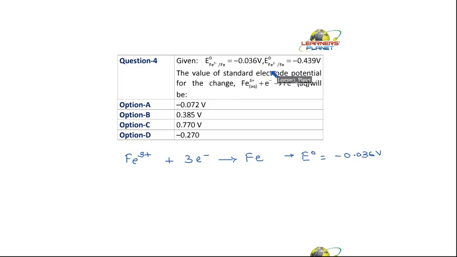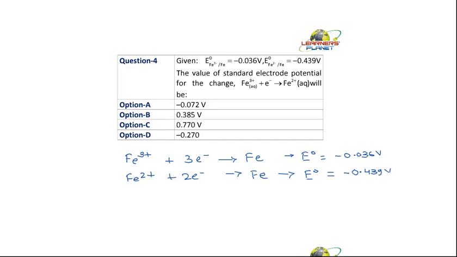Now E naught for Fe2+ to Fe is minus 0.439 volts. So this is Fe2+ plus 2 electrons gives Fe, and the standard reduction potential is equal to minus 0.439 volts.